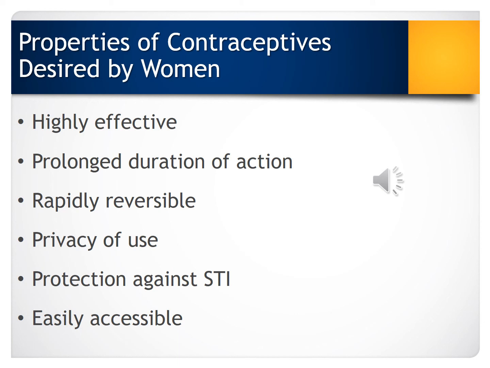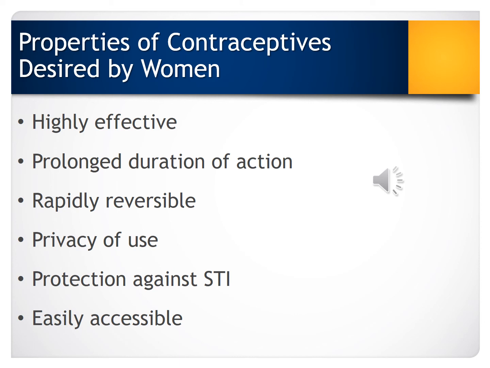Women want a contraceptive method that is, first, highly effective, that has prolonged duration of action, rapidly reversible, so that when they decide they're ready to get pregnant, they can become fertile again.